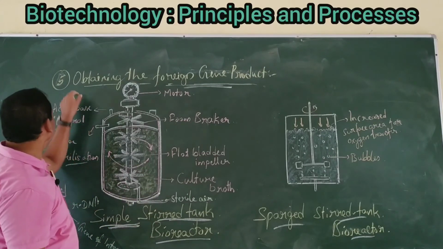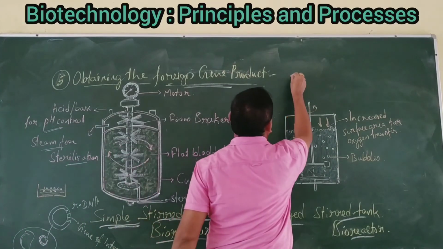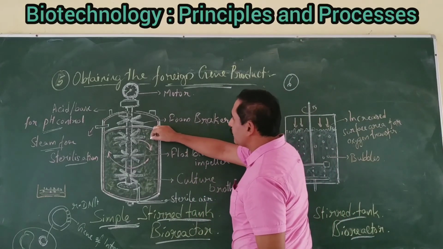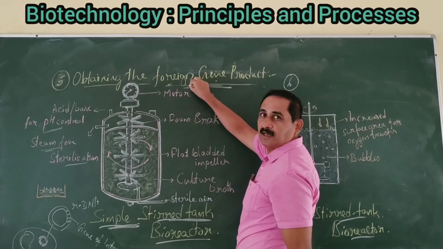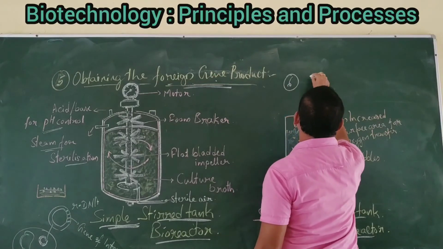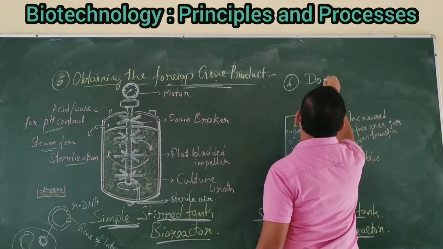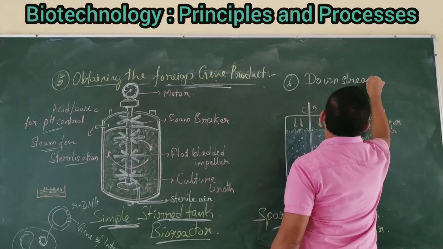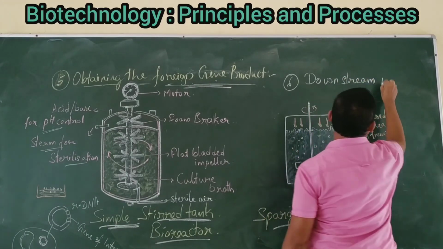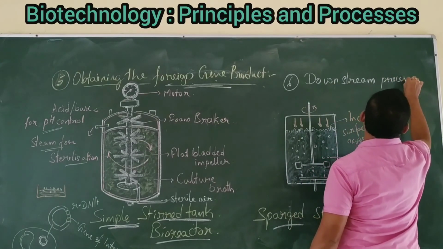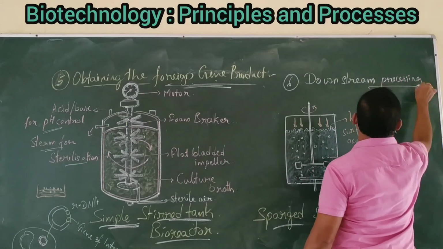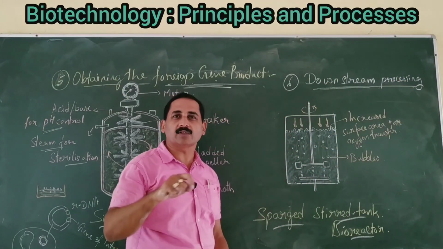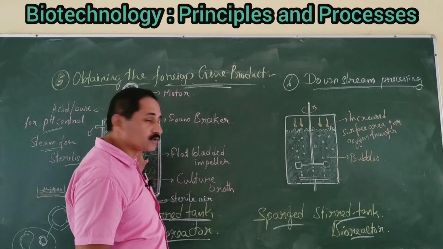So the last step, the sixth step, is the extraction and purification of the desired product or foreign gene product. This is done by downstream processing. The downstream processing extracts the foreign gene product and also purifies the product so produced.